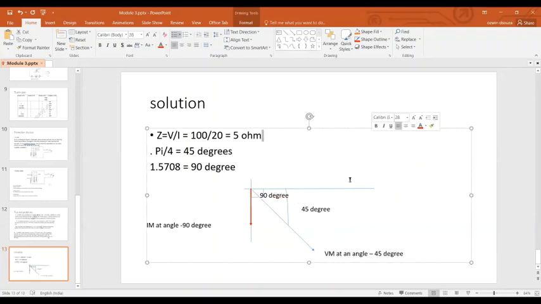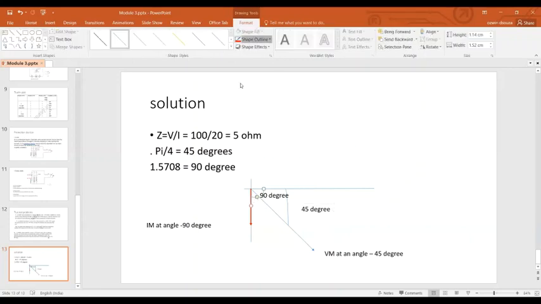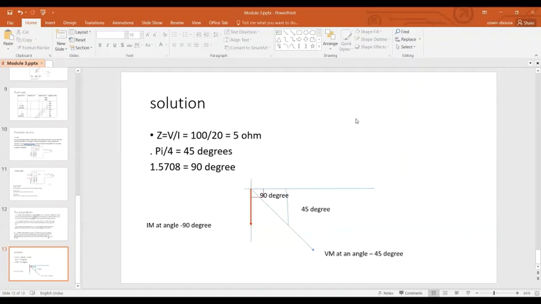Okay. Now you tell me, this I will change to red color so that you'll be able to understand the red color corresponds to current. What is the difference between Vm and Im? Phase difference. What is the phase difference between Vm and Im?